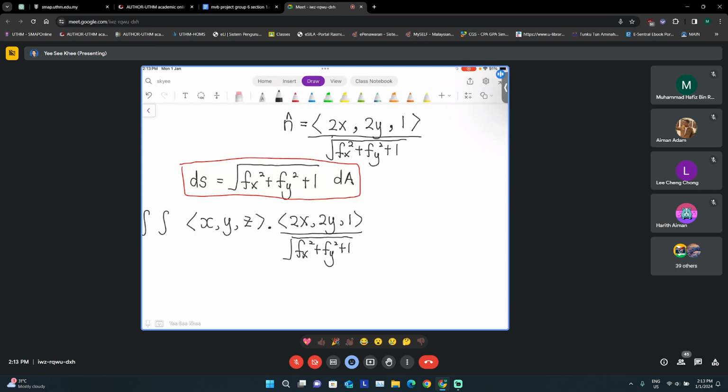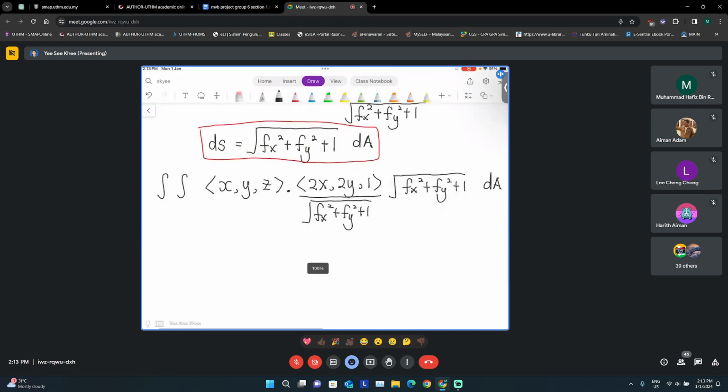Okay, so this is my n. And my dx, I just write it. This is equal to this one. And dA. Right, so I put everything together, so I can cancel this thing.